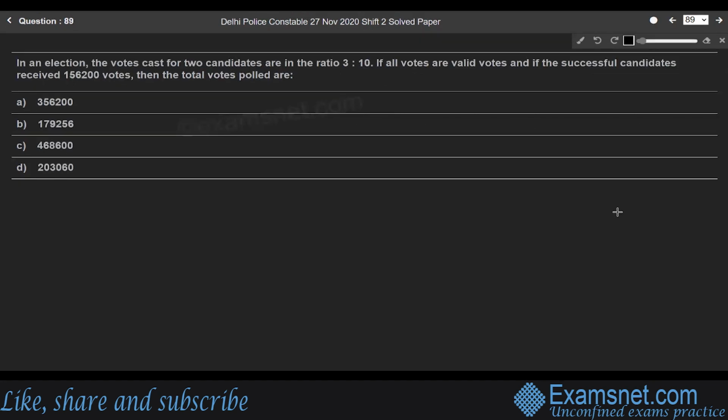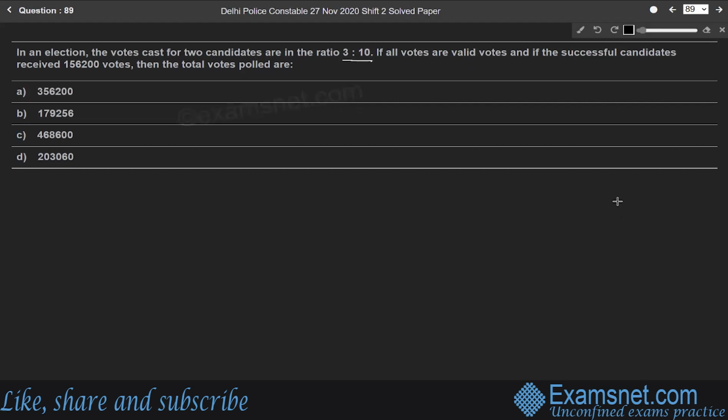Question 89. In an election, the votes cast for two candidates are in the ratio 3:10. If all votes are valid votes and if the successful candidate received 1,56,200 votes, then the total votes polled are?